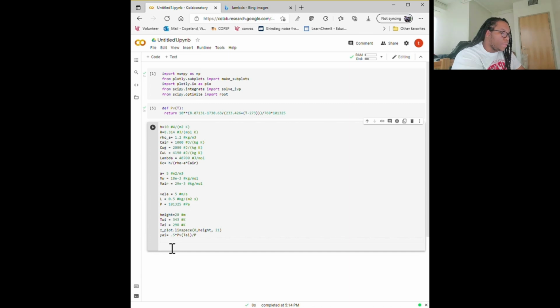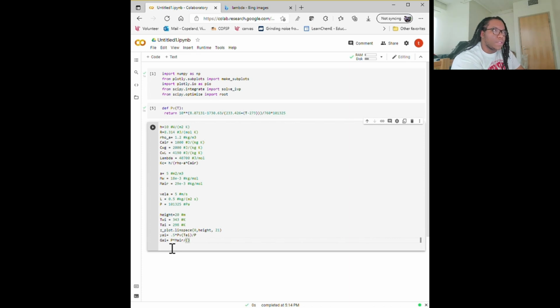And so that's going to be equal to our pressure times our molecular weight of air, and that's going to be divided by RT.